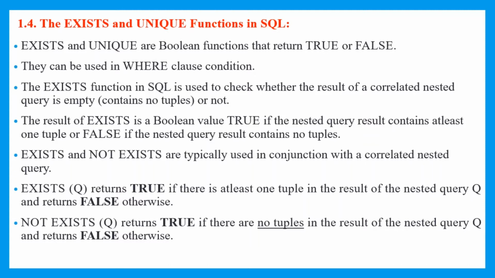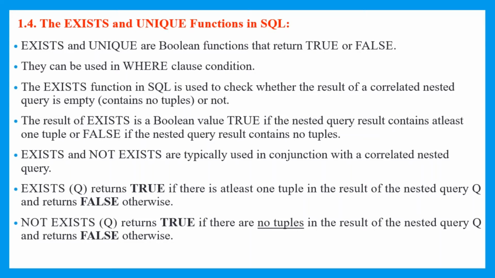The result of EXISTS is the Boolean value true if the nested query result contains at least one tuple, otherwise false, when the nested query result contains no tuple. EXISTS and NOT EXISTS are typically used in conjunction with a correlated nested query.